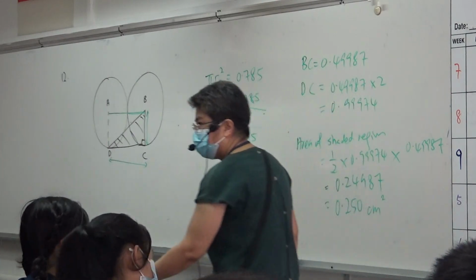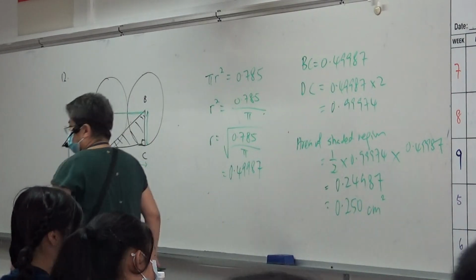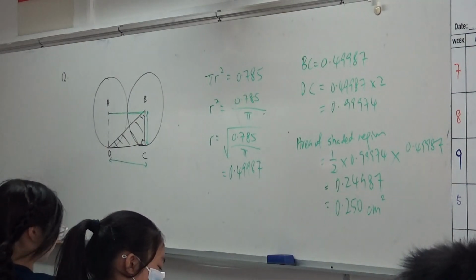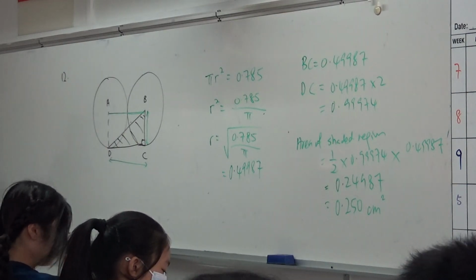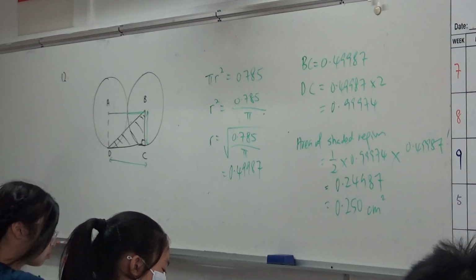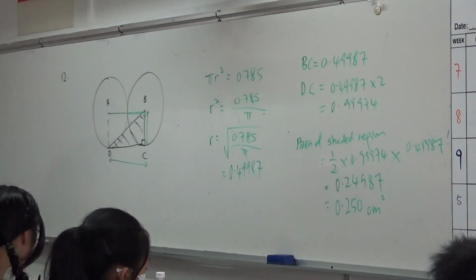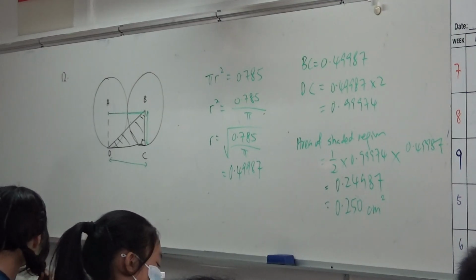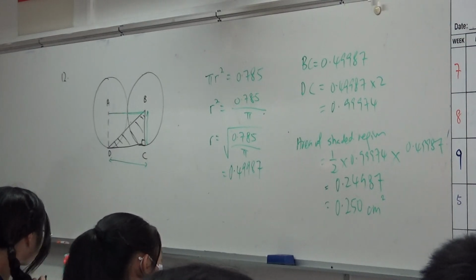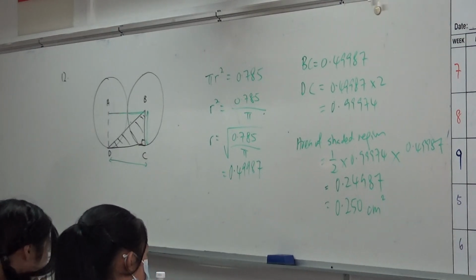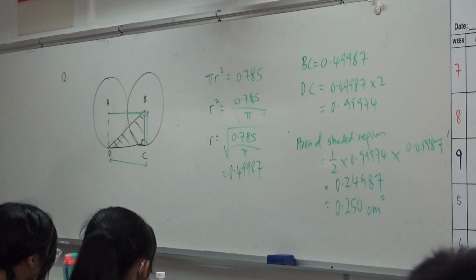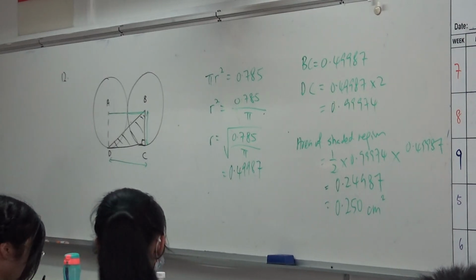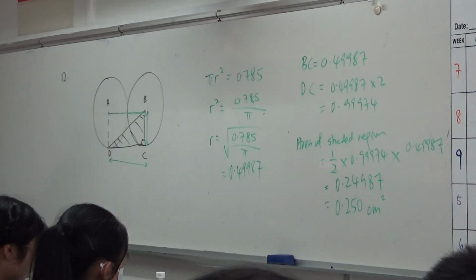Alright. 3 significant figure is 0.250. Is this correct? Yes. Let me double check the answer in case I make a mistake. Yes, number 12, 0.250 seems correct. Everybody okay here? Can or cannot?